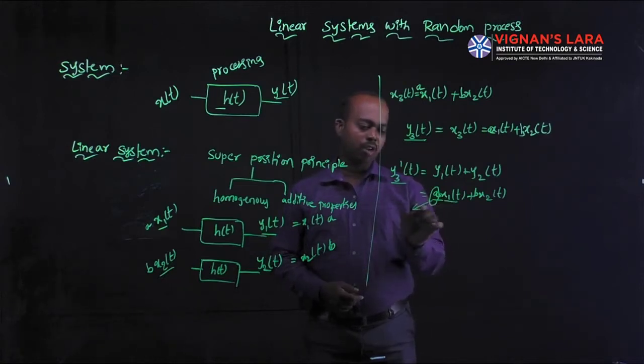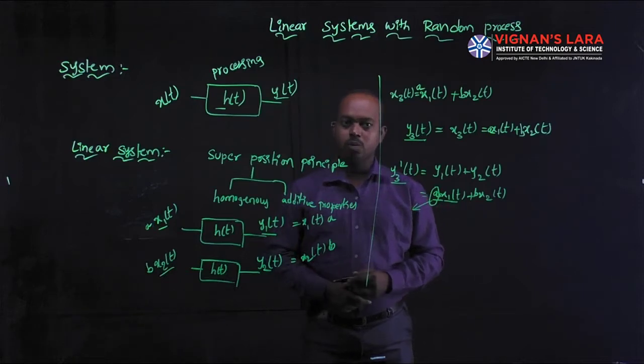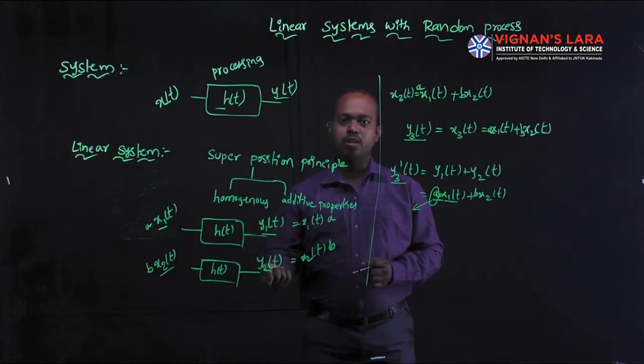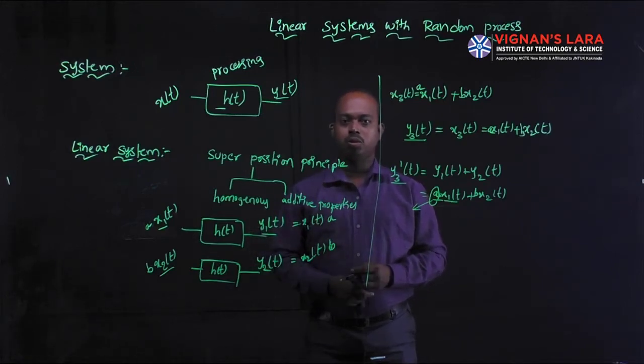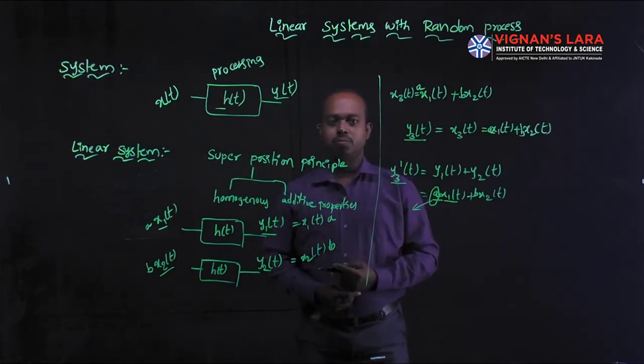The multiplying factor gives the additive property. The additive property means we choose one factor to multiply the input, and the same factor multiplies its output. Based on that condition only, we say that the given system is a linear system.